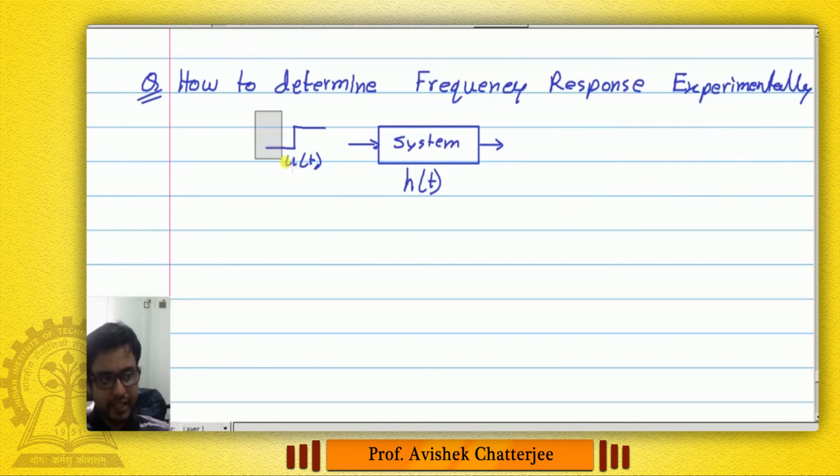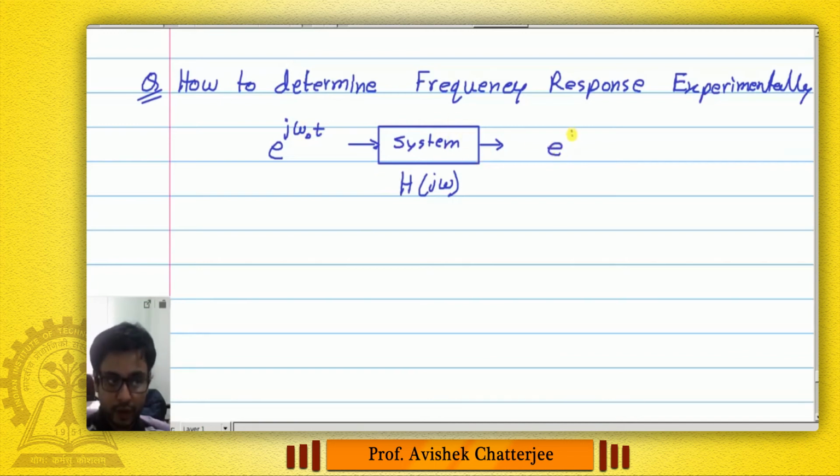In the same way, is it possible to find H(jω) experimentally? You can think of an experiment where you give input e^(jω₀t), and then we know the output will be of the form e^(jω₀t) multiplied with something, because this is an eigenfunction.